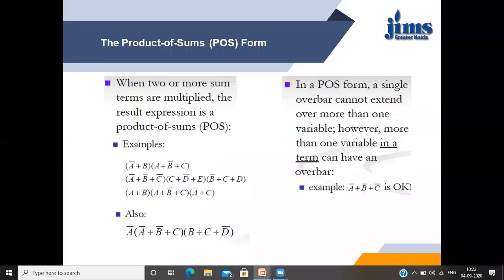We have also discussed this in SOP, that there should never be a complete bar over the term. But all terms can have bars individually. For example, A bar or B bar or C bar is okay, but we cannot write A plus B plus C whole bar, because when we expand it with the help of De Morgan's theorem, it will be A bar and B bar and C bar. So that will be an SOP, sum of product.